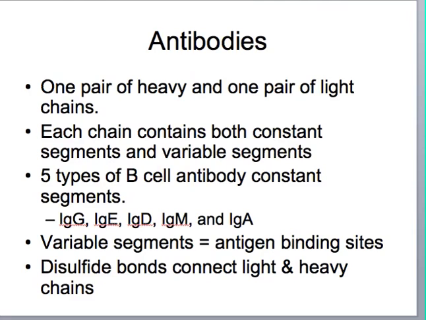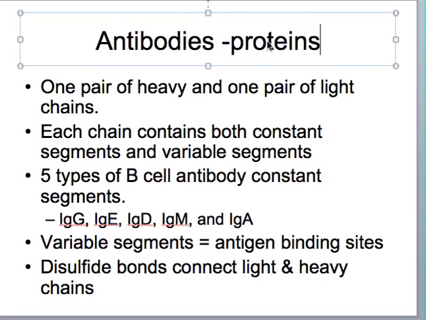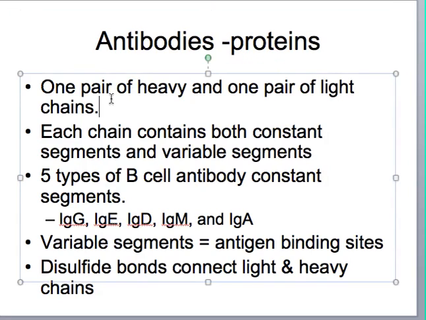So let's just talk a little bit about antibodies. Antibodies are molecules, they're proteins, so don't forget that they're proteins. They consist of one pair, meaning 2, heavy chains and one pair of light chains.